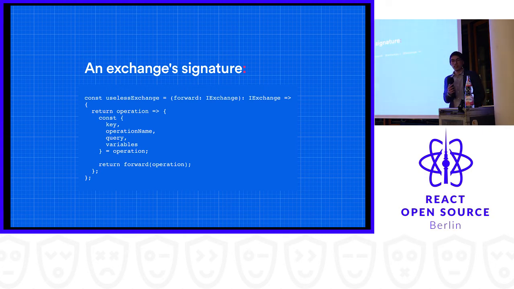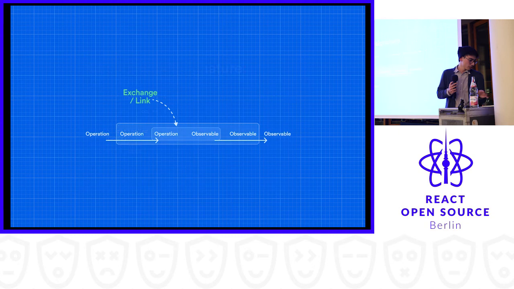And you have a chain of these kind of functions that take these operations and then eventually call each other, and you get an observable back. So what then happens is you have this kind of nested structure of operations, and you get back some observables, and you've sent your request.